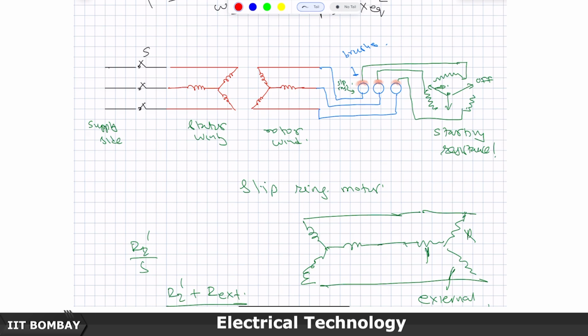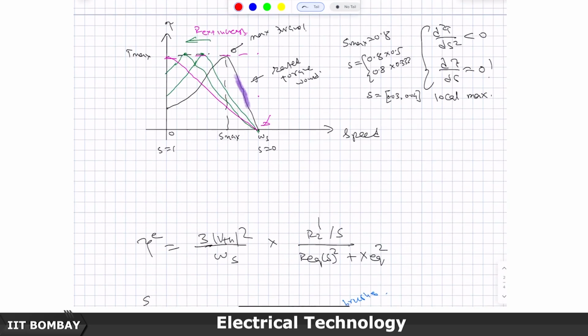And you can, if you want, use it for speed control also. Like, I want this torque at this slip, then you can figure out what is the impedance to be introduced and bring your curve to this particular curve.